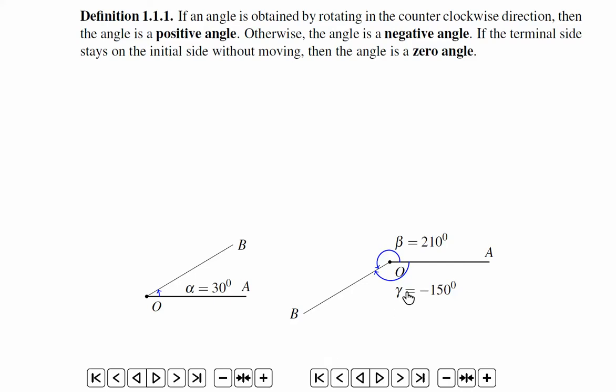So in this case, an angle can be positive or negative. It can also be beyond 360 degrees.